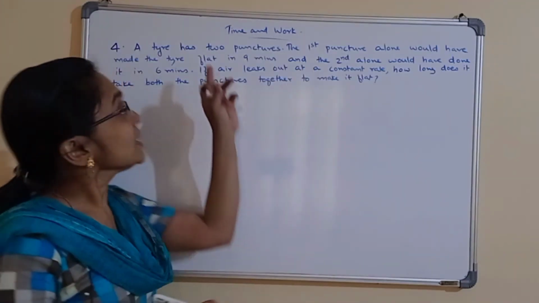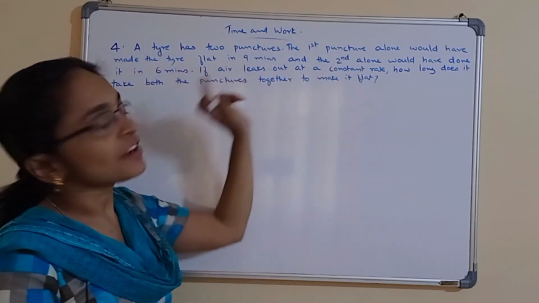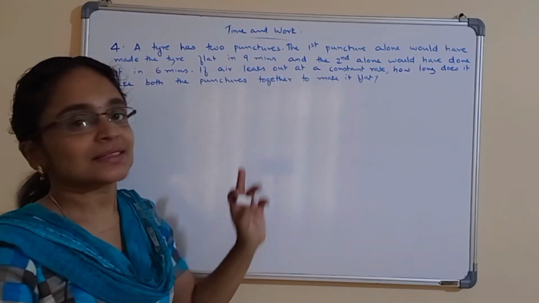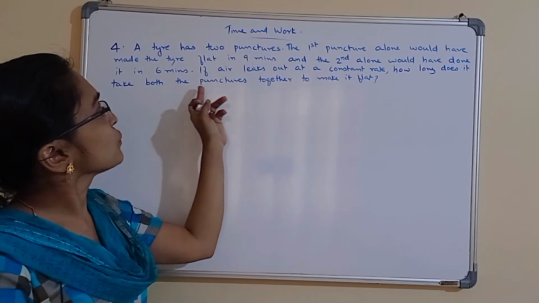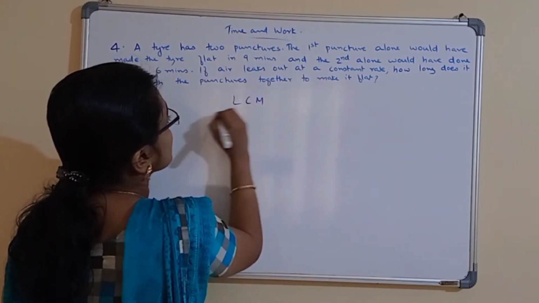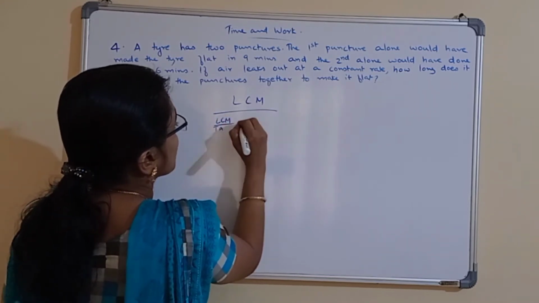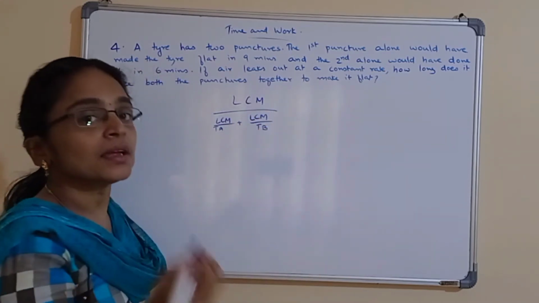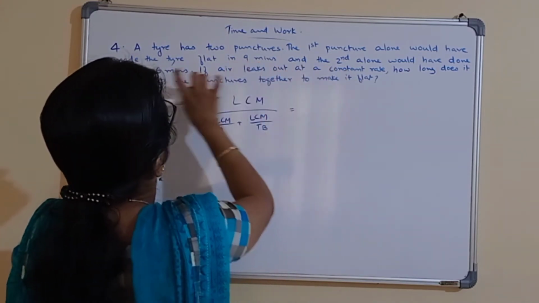Okay. Next one, a tire has 2 punctures. The first puncture alone would have made the tire flat in 9 minutes and the second alone would have done it in 6 minutes. If air leaks out at a constant rate, how long does it take both the punctures together to make it flat? So LCM by time of A plus LCM by time of B. We can write it as time of A and time of B. So what is the LCM of 9 and 6?